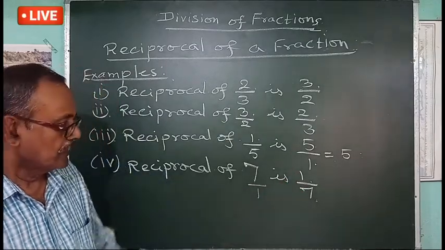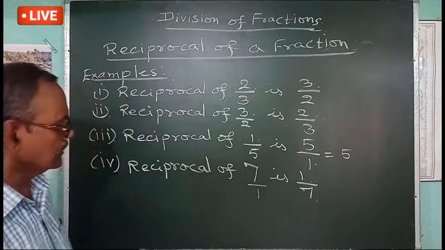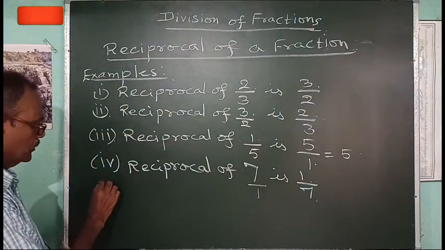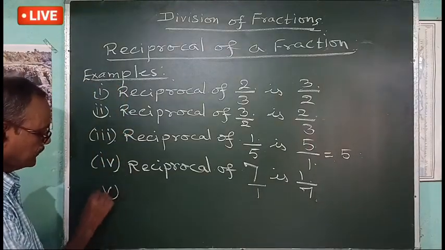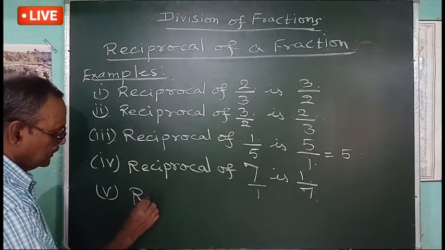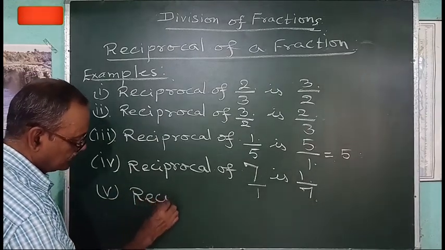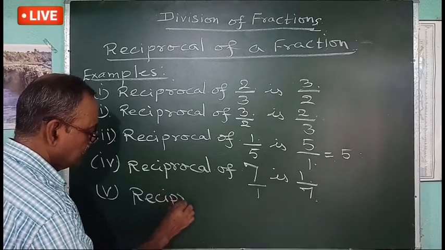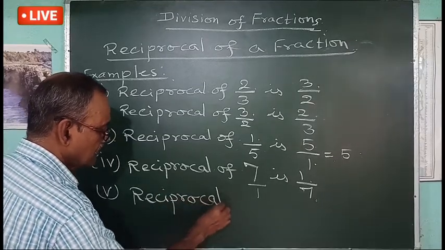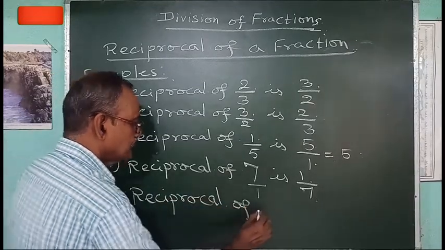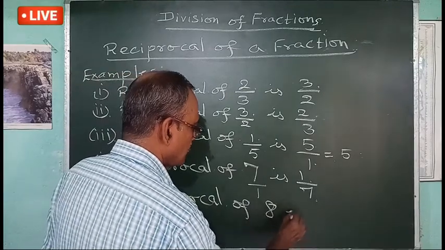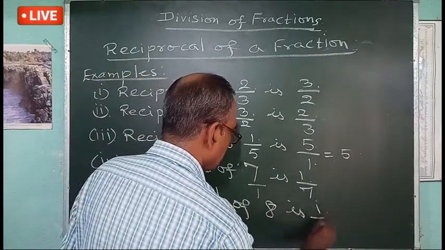So in this way, we can find the reciprocal of whole numbers. Number 5, another example. Reciprocal of 8 is 1 by 8.